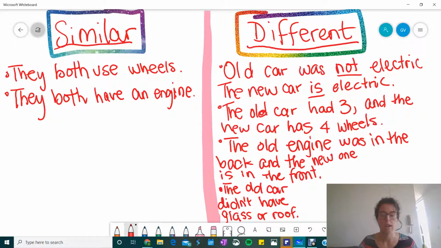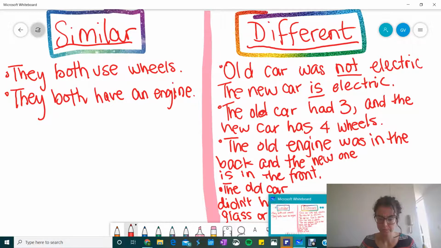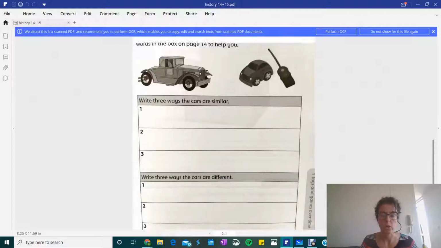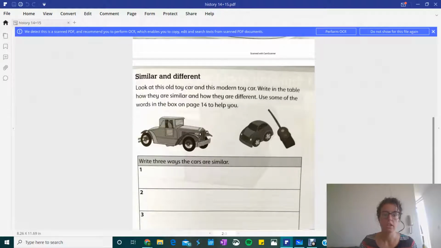So my friends, I'm going to show you now the activity you're going to do on page 15 of your workbook. Look at this old toy car and this modern toy car. Write in the table how they are similar and how they are different. So like we did just now, but you are looking at pictures of toy cars.